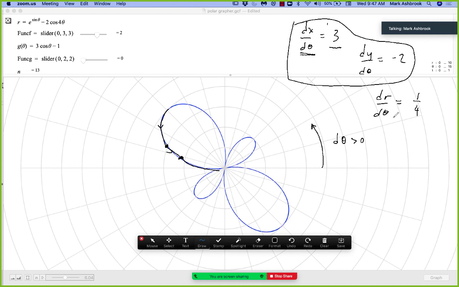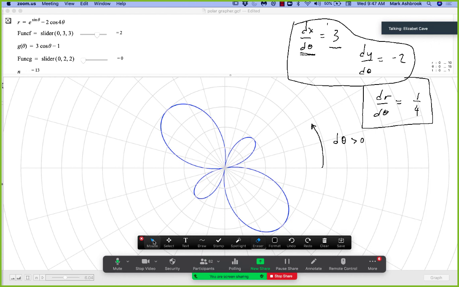All right, what does it mean that dr/dθ is 1/4? Just in general, not looking at the graph, what does dr/dθ equals 1/4 mean? Given a small change in theta, the resulting change in r is 1/4 times the change in theta that you picked.